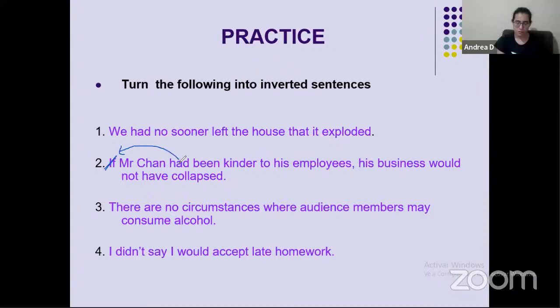The auxiliary, may, and then the subject, right? Yes. Under no circumstances may the audience members consume alcohol.